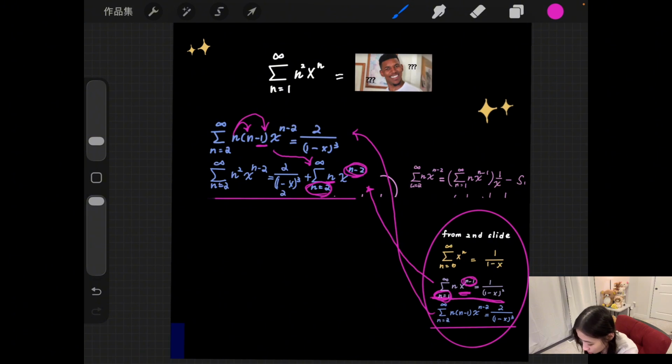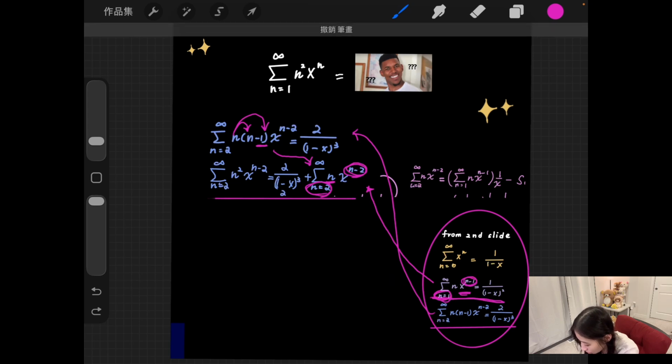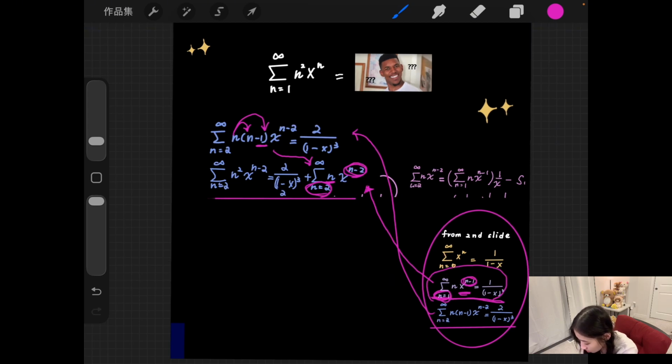If you want to make this function look like that one, then you need to multiply by 1 over x, because then your power will become n minus 1. And the other difference is your n starts from 1, but here your n starts from 2, which means you need to subtract your first term.